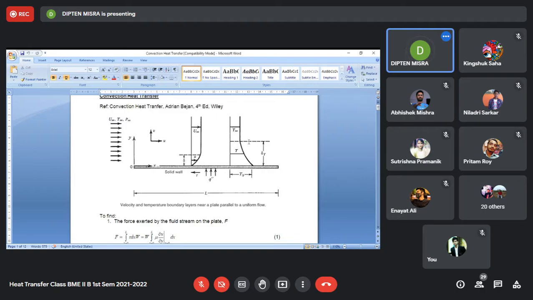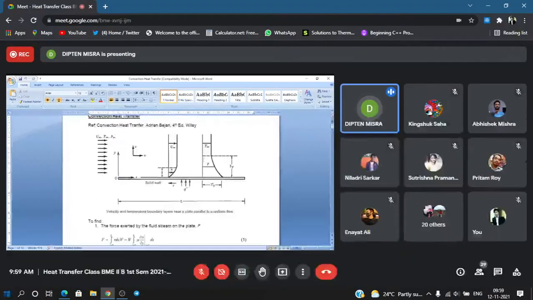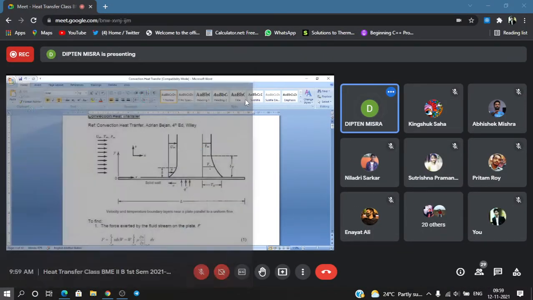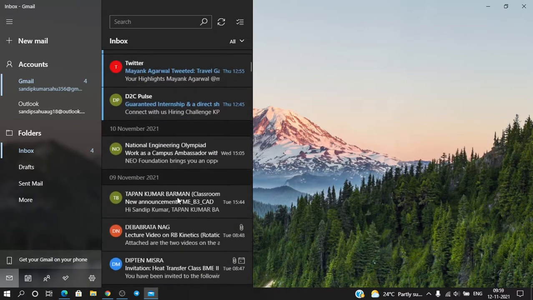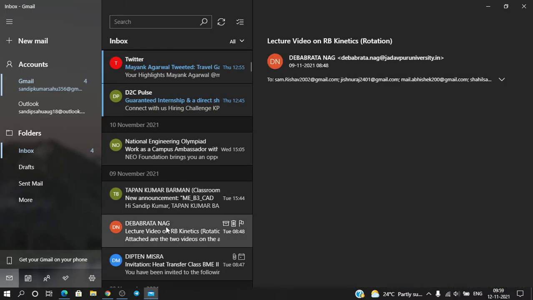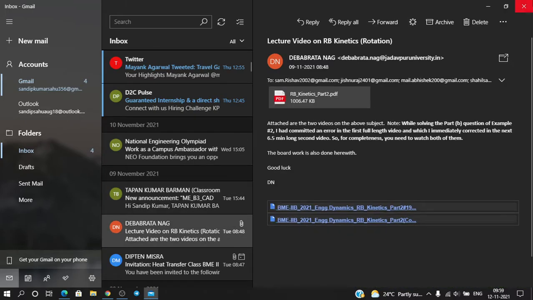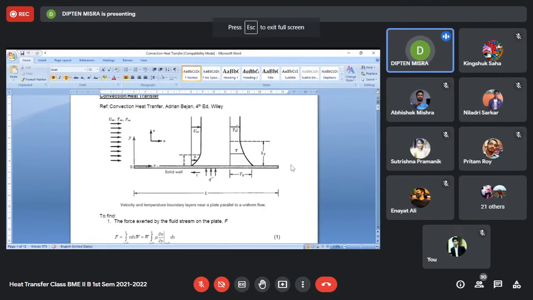So again, you can divide this zone of fluid into two parts. One part is very close to the wall. In that part, the temperature varies from the wall temperature T0 to the free stream temperature. And there is another part, in which the temperature is uniform, equal to T infinity.